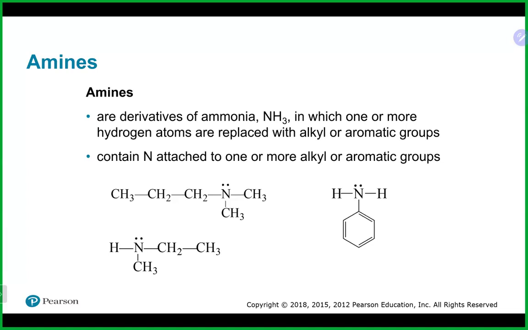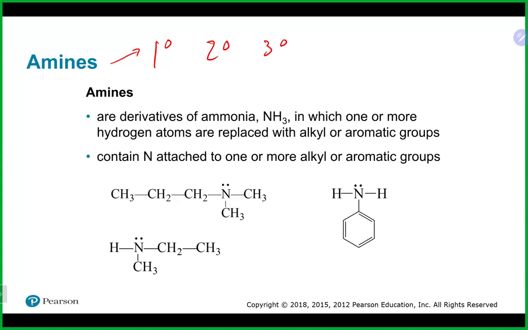There are, as we will talk about as well, ways to identify amines, much like we could do with carbons and even alcohols and so forth. There are primary amines, secondary amines, and also tertiary amines.